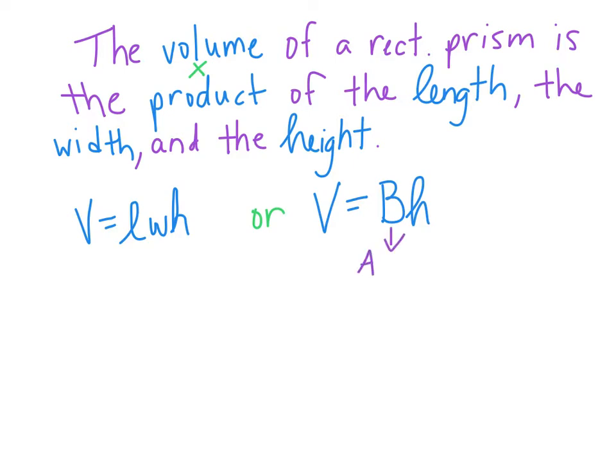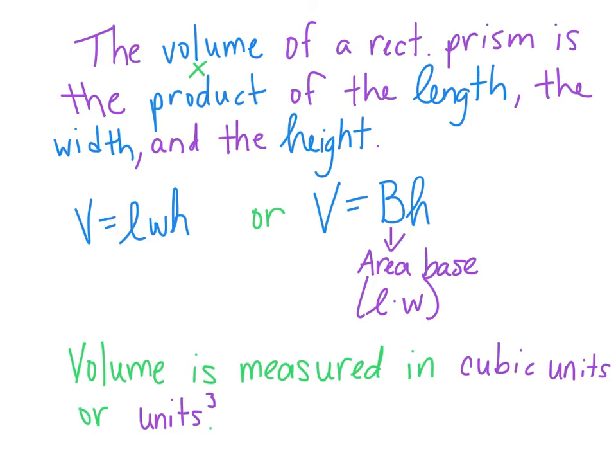In this case, because it's a rectangular prism, the base would be an area, so we would still use length times width for the area of a rectangle, and then we would multiply it by the height. So sometimes you'll see it written as the area of the base with a capital B times the height, and that'll come especially down the road if you do other prisms and pyramids, not just rectangular ones.